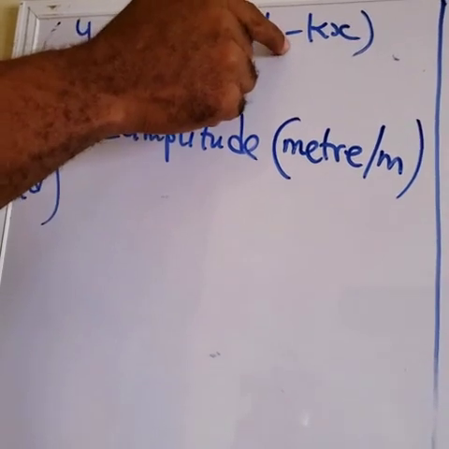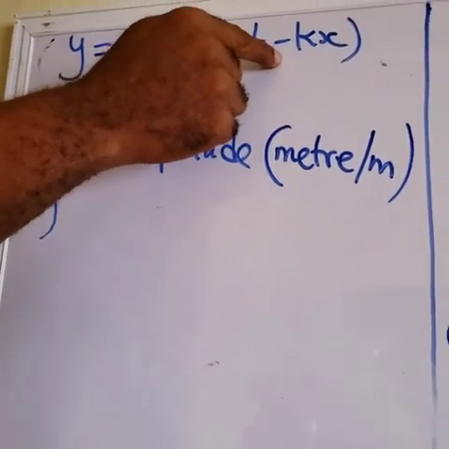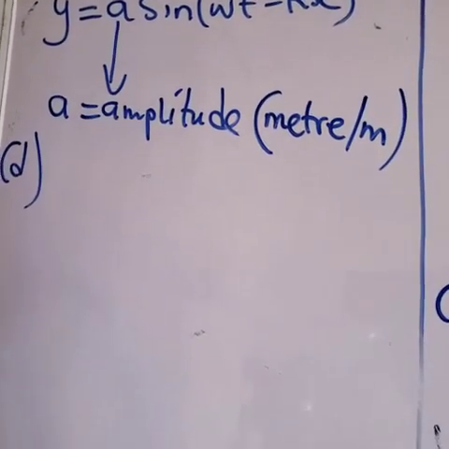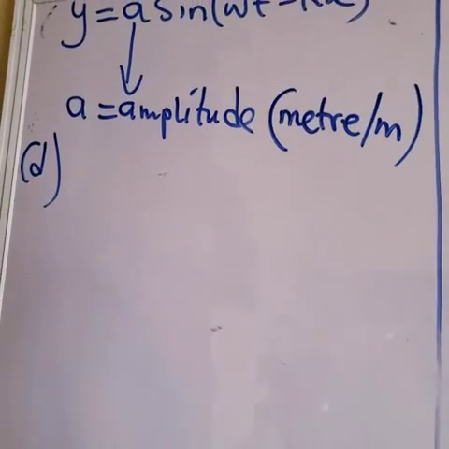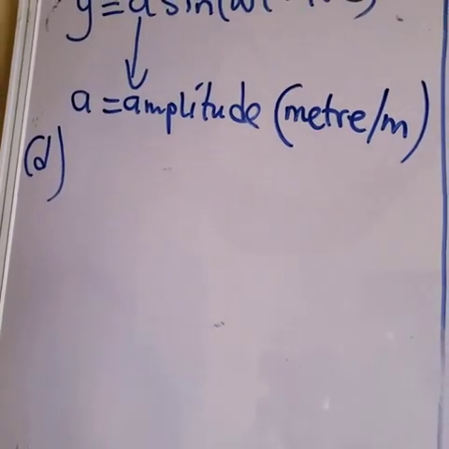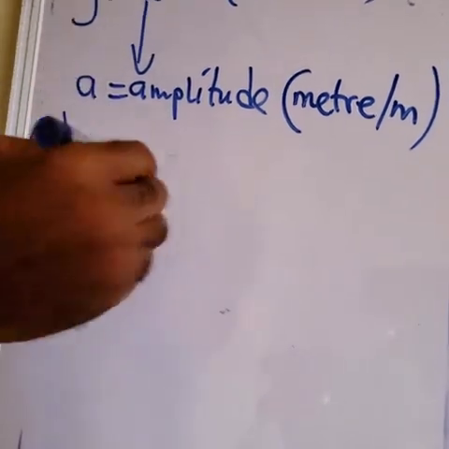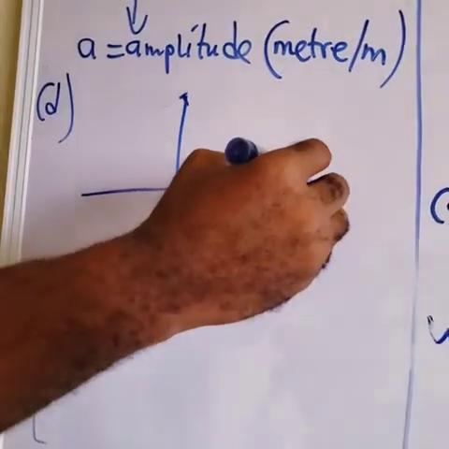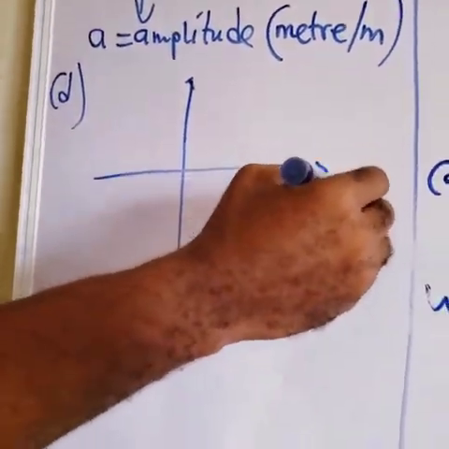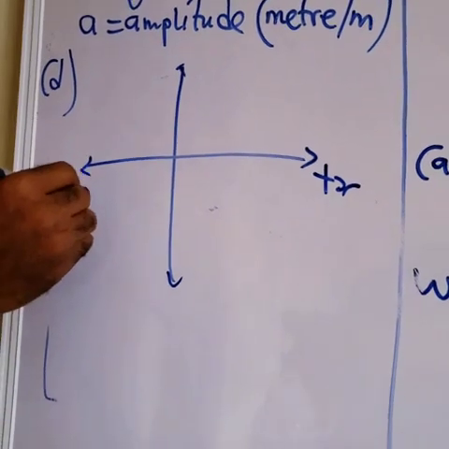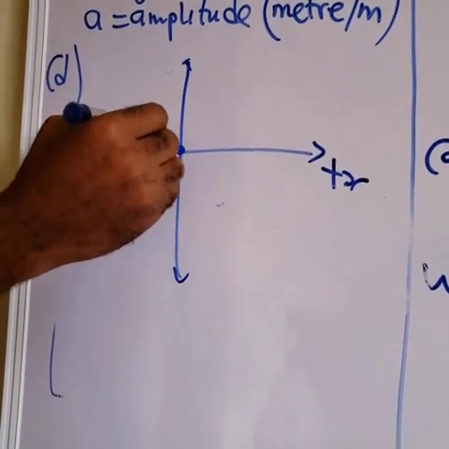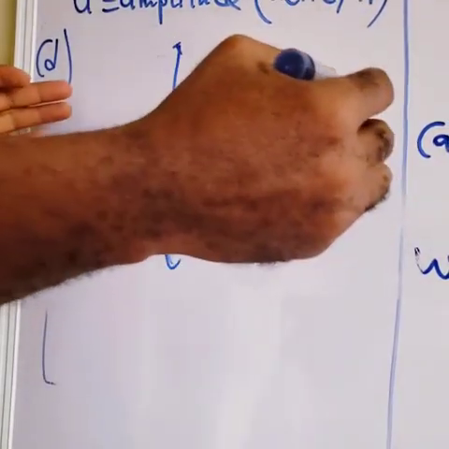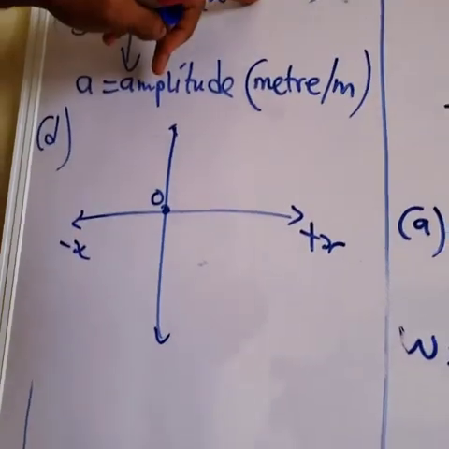If it is minus, as given to us, it tells you the wave is traveling from your left going to your right. That means if this is a Cartesian sketch, here is plus x, here is minus x, and here is 0. So the wave is going from the left to the right if it is minus.